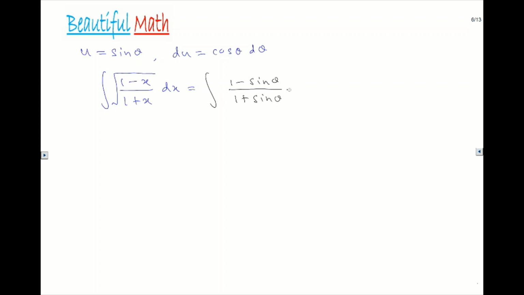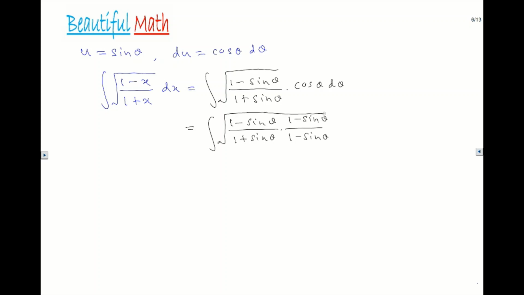So what we can do is multiply by the conjugate of the bottom function. So let's write the integral first. It's going to be the square root of 1 minus sine theta over 1 plus sine theta, times 1 minus sine theta over 1 minus sine theta, times cosine theta d theta.